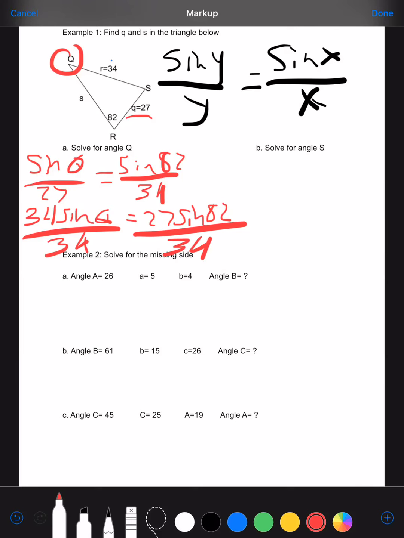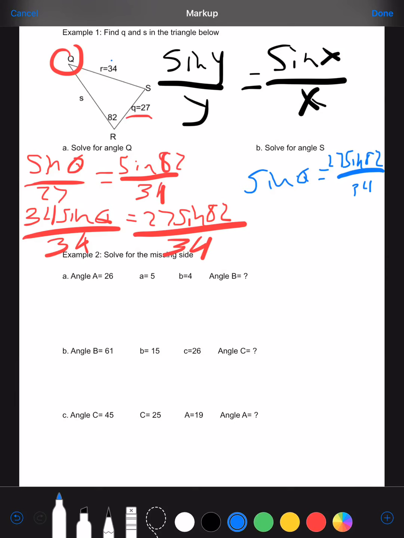Okay. So when we do that, we get sine Q is equal to 27 sine 82 divided by 34. And we're going to plug that into our calculator. Okay?